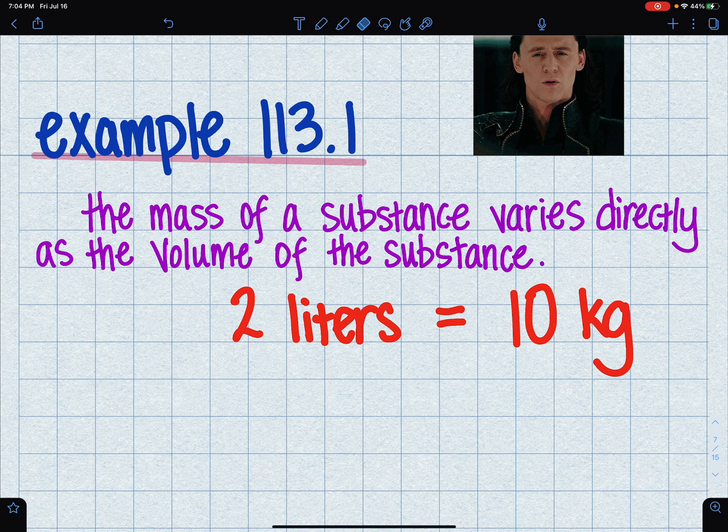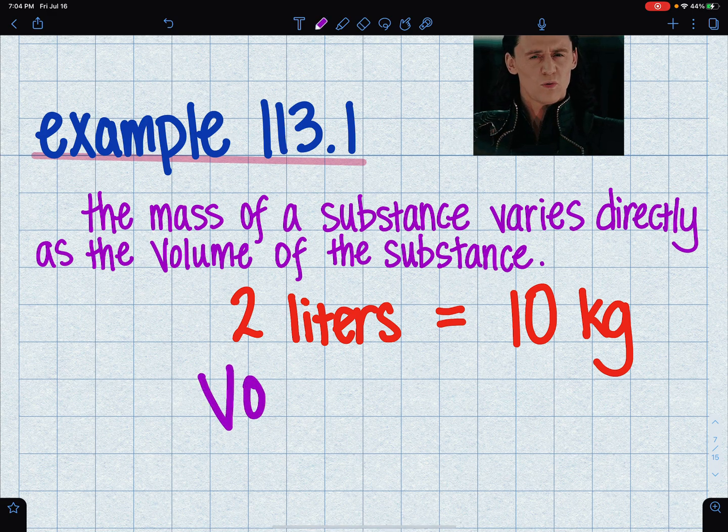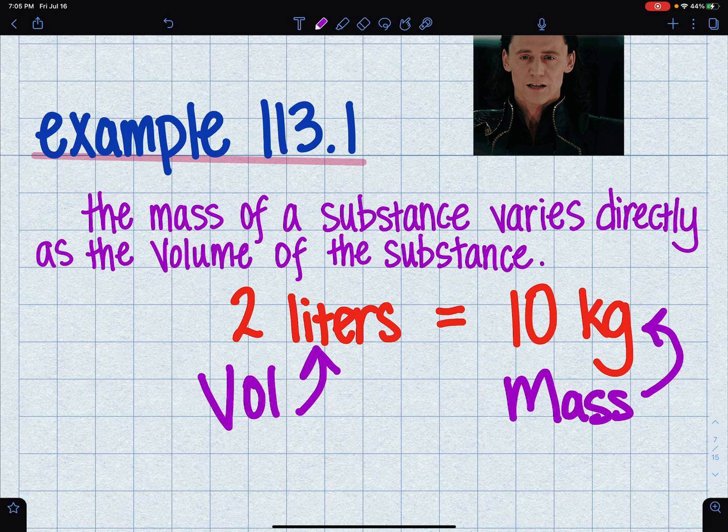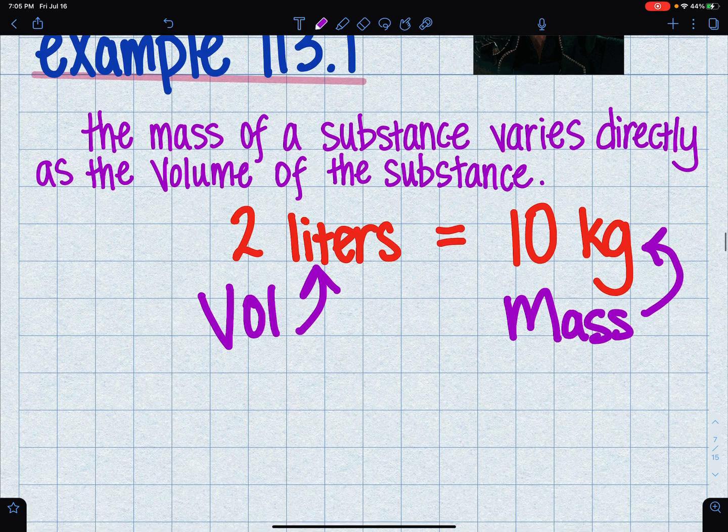I'll put, this is volume, this is mass. Because mass is expressed in kilograms, those are units of mass. Liters is expressed in volume, like a 2 liter of Coke, that would be a volume, right? So if the mass of 2 liters is 10 kilograms, what's the volume of 35 kilograms?